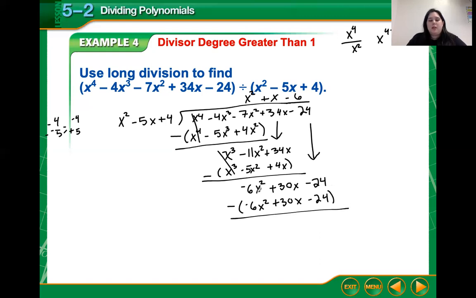I can see I'm subtracting it from itself, so that gets me a remainder of 0. So our answer here is x squared plus x minus 6. Pause the video if you need more time to write it down.